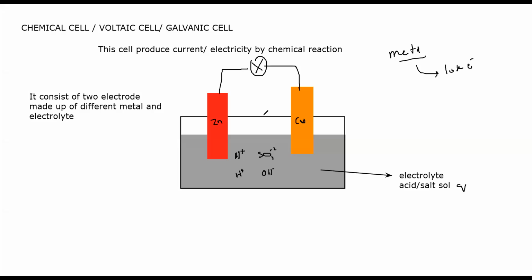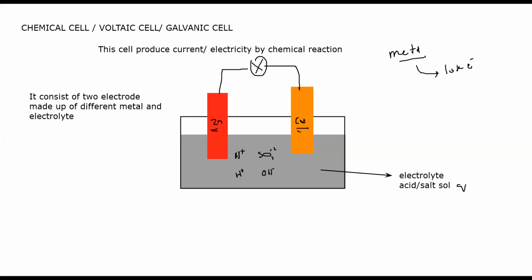Okay, so it consists of two metals which have a difference in reactivity. One is zinc, another one is copper. Which is the more reactive metal here, zinc or copper? Zinc. So zinc is the more reactive metal, which means zinc will react first.